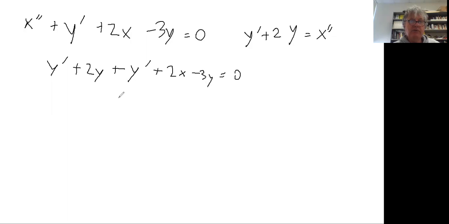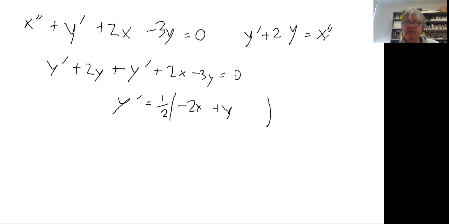So we just got to solve for y prime. So y prime then is going to be 1/2 of, we just put everything over the other side. So we've got the 2x on the other side becomes a minus 2x. 2y minus 3y is minus y. On the other side becomes a y.